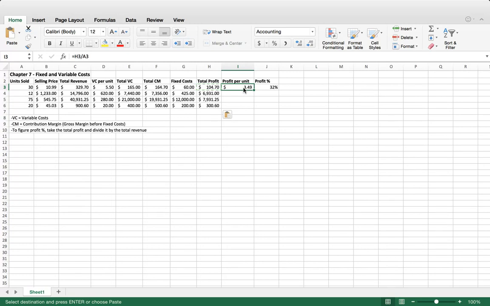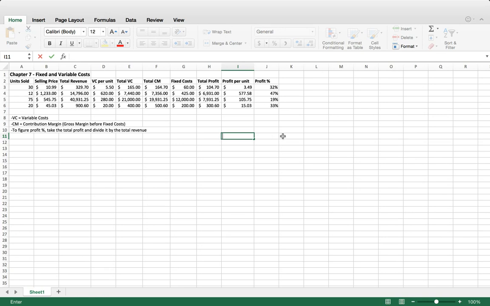Maybe there's a faster way to do it, but this is the way that I do it. And ta-da! So that completes the other three problems in the spreadsheet here.